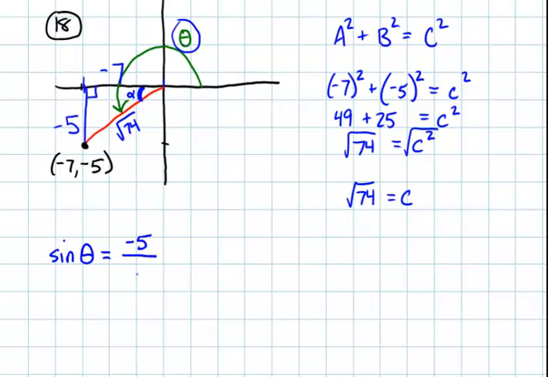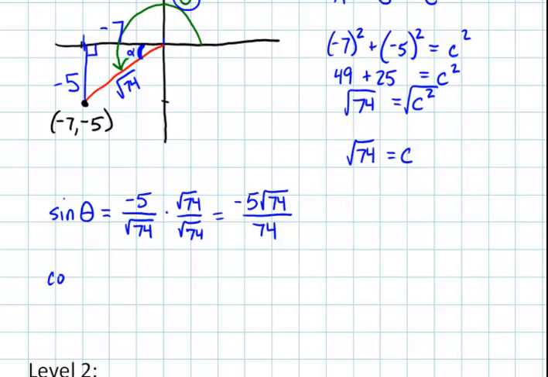And the hypotenuse is the square root of 74. Obviously, this is not in simplest radical form, so I have to finish off by doing square root of 74 over square root of 74. That multiplies out, and I get the sine of theta is -5 times the square root of 74 all over 74.